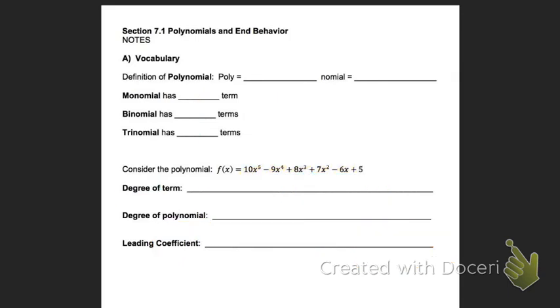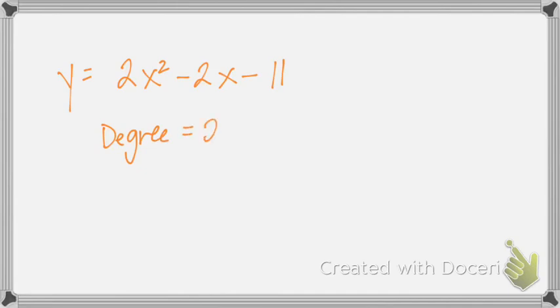I think that it is 2x squared minus 2x minus 11. Before we even graph it in our calculator, we can already fill in the degree and the leading coefficient. So what's my degree? 2. And my leading coefficient is also 2.